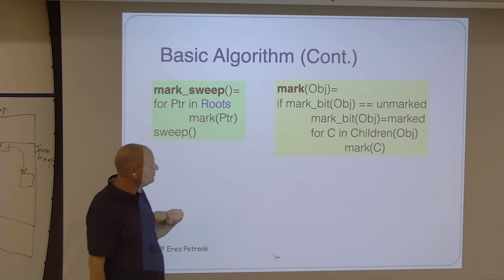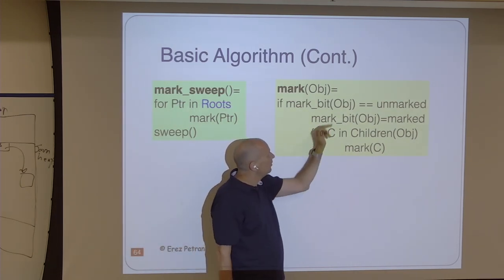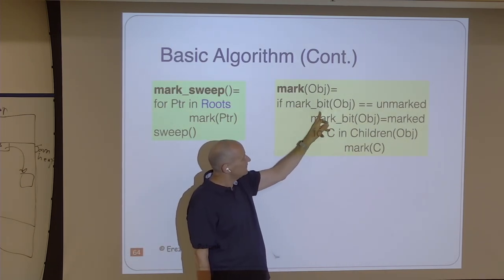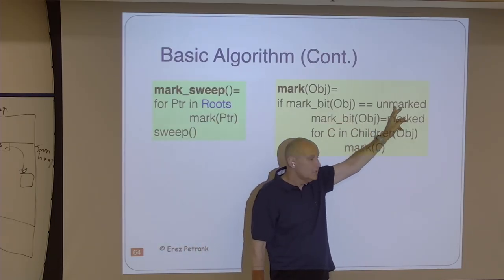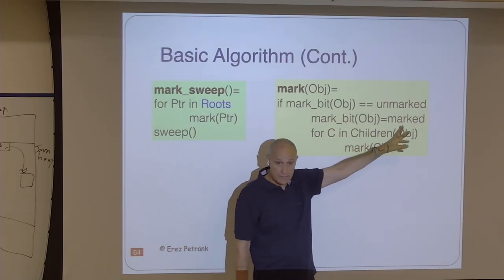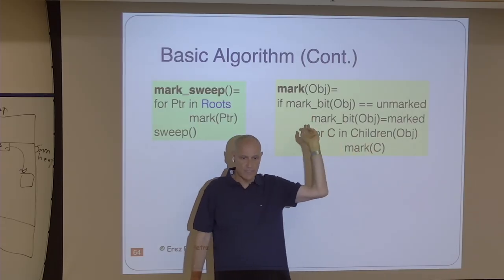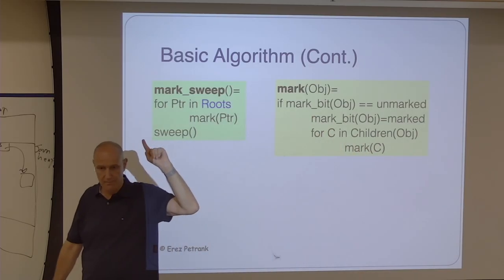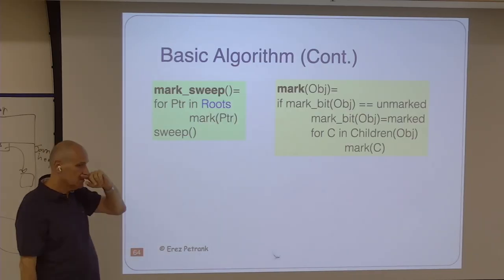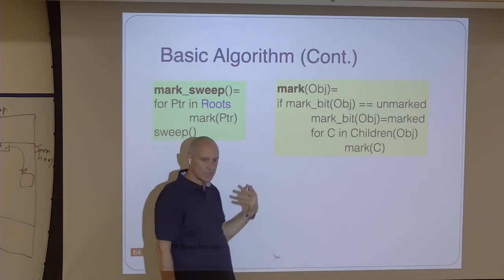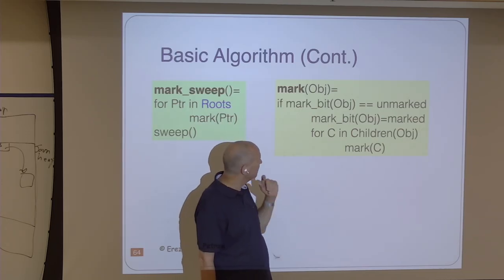So what does mark do? Mark looks at the object and says, if it is unmarked, then I will mark it and I will go for all its children and recursively call the same procedure on them. So this is like a traversal of the graph recursively.